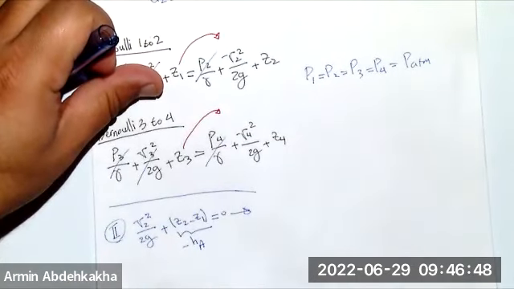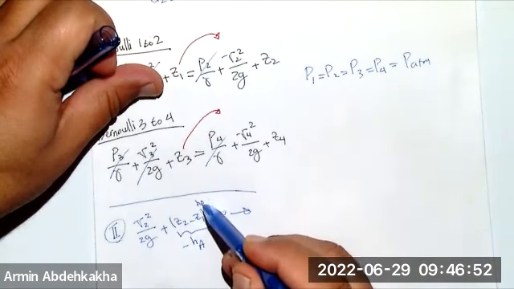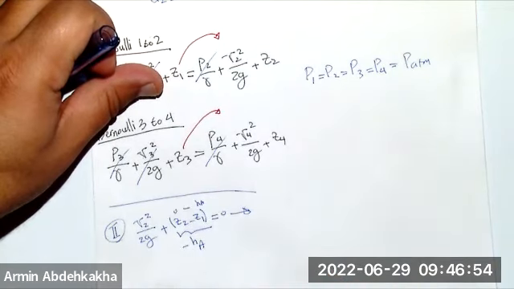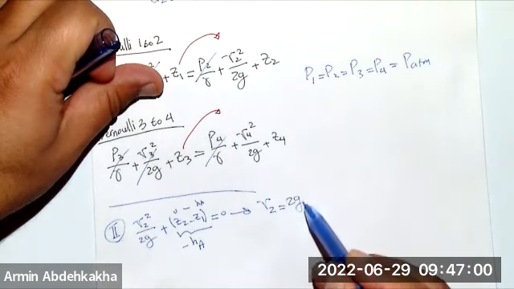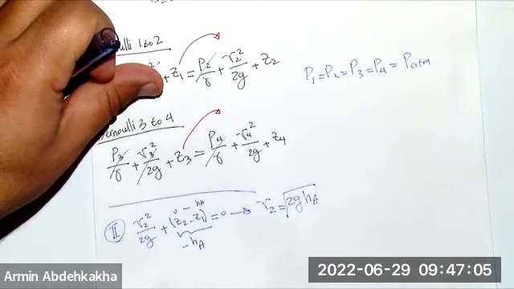Because I put the reference down, then this is going to be HA, and this is going to be 0. 0 minus HA is minus HA. Then I can find V2 is equal to the square root of 2G times HA. Why I bring it down here is positive times 2G and square root of that, right?